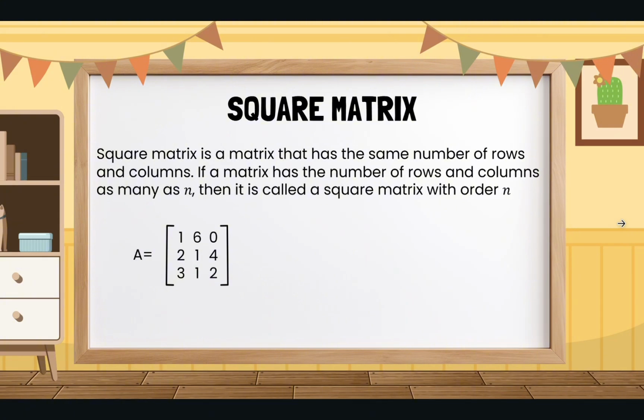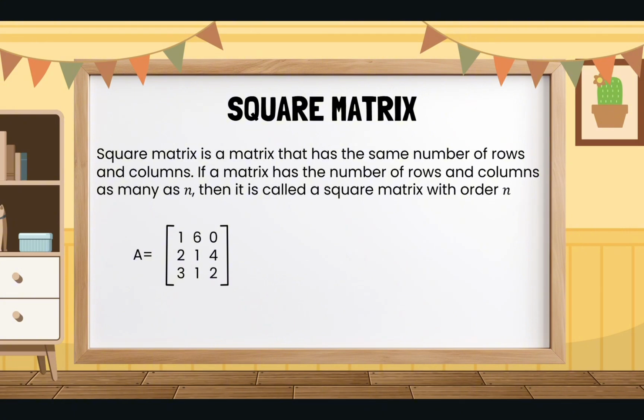Next, we got square matrix. This is very important in algebra. A matrix is square if it has the exact same number of rows and columns. If the number of rows and columns is the same, we say it is a square matrix of order n times n.